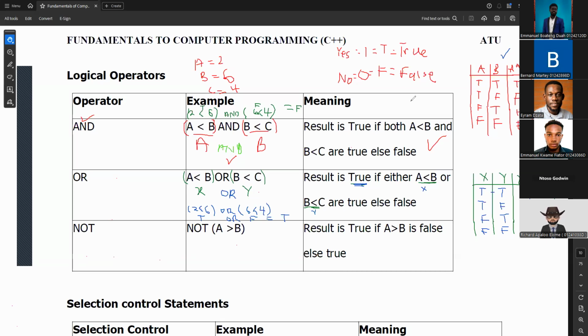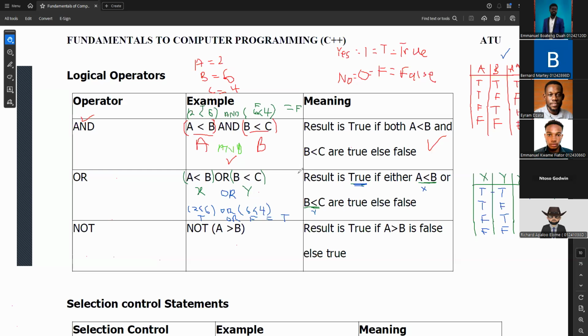That is when they become true. Exactly. And then for the OR operator, it means if one or either of the statements is true, then the statement is true. But if they are both false, then it is false.